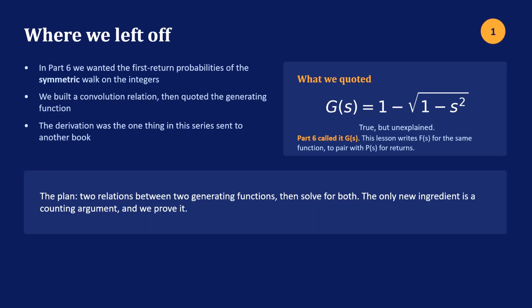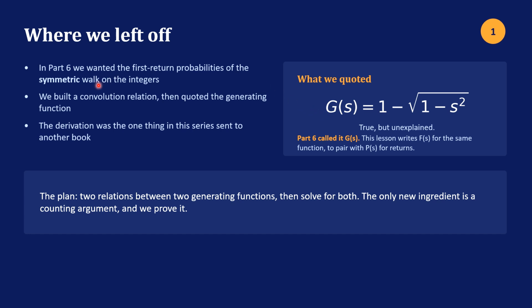Just as a reminder where we left off, in the previous lesson, we wanted the first return probabilities of the symmetric walk. In other words, a walk where the probability is 1/2 going left to right. And I gave you the answer here. Then we wrote this as a Taylor series, and we were able to read off the coefficients, which gave us the first return probabilities.